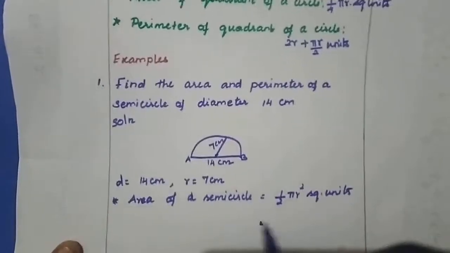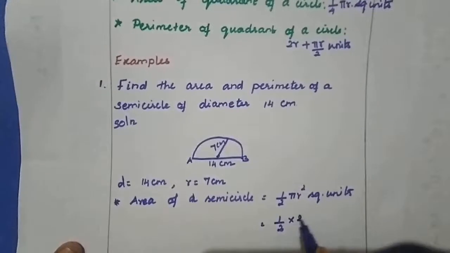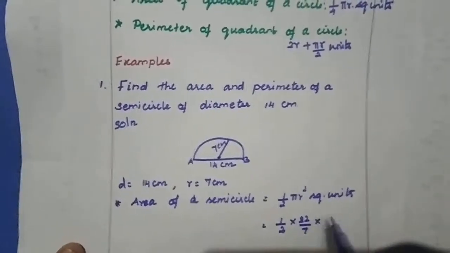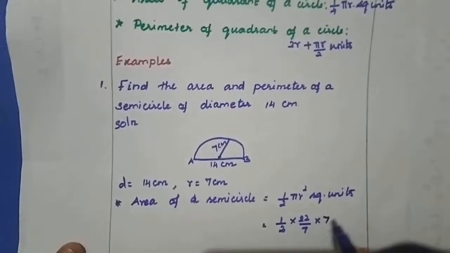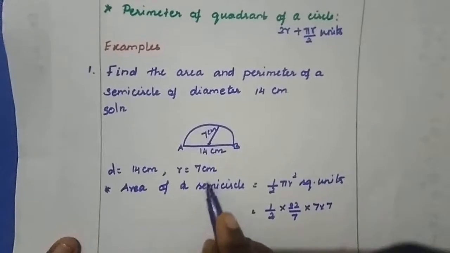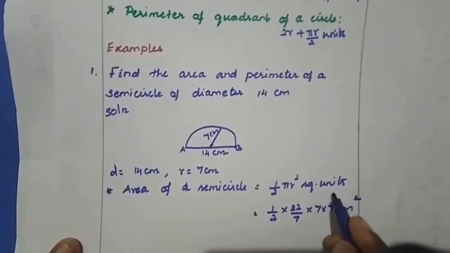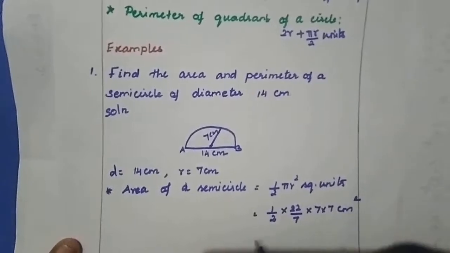This is equal to 1 by 2. What's the value of pi? The value of pi is 22 by 7 into the radius is r. Here they given r square. So 2 times you have to write the number 7. So unit is centimeter. So you have to write it as centimeter square, because this is a square units now.